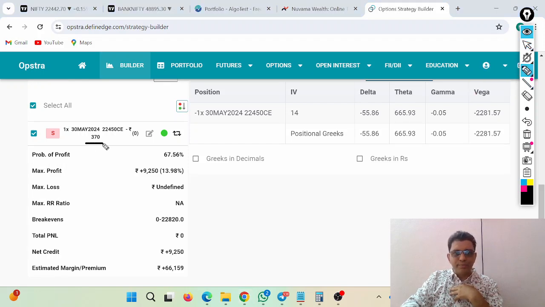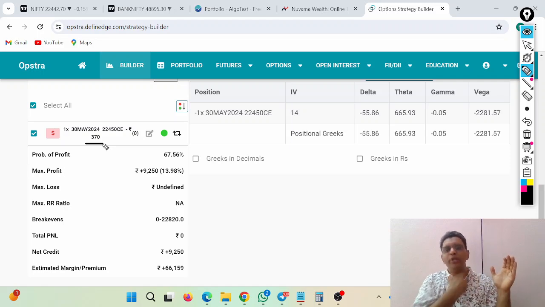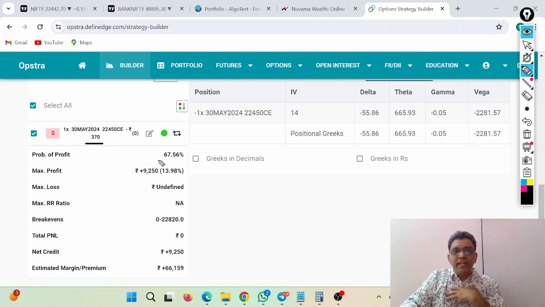That is 370. That premium is in my pocket, and this premium is non-refundable. Whoever option buyer has paid this 370 rupees to me, that is non-refundable. So because of this, my probability of profit has increased and my delta is the same.